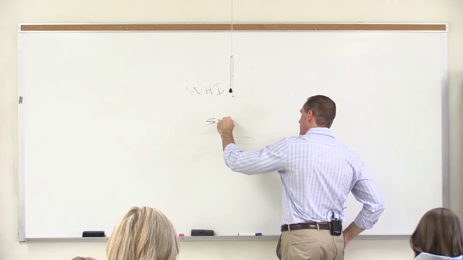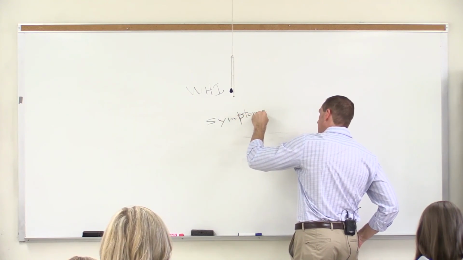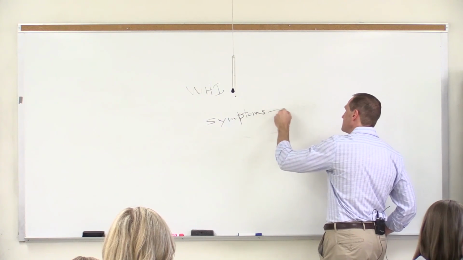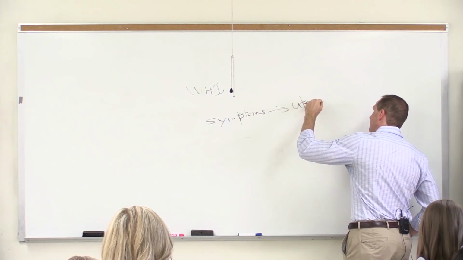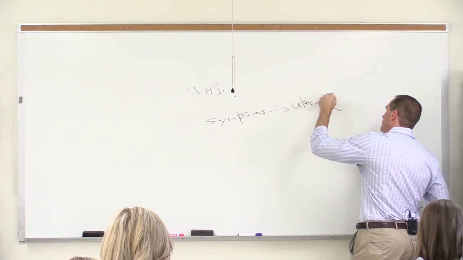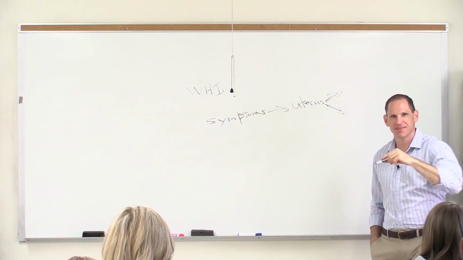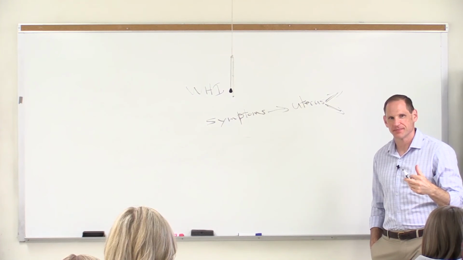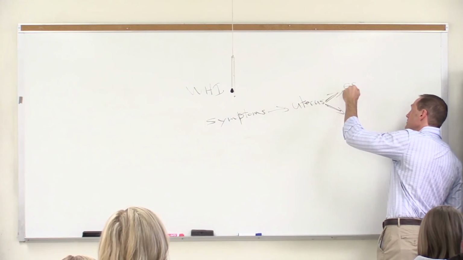First of all, is the woman having symptoms? And if the answer is yes, she can have therapy. So then the next question is, is there a uterus? And if there's a uterus, what do we need to do? What? I said remove it too. Remove it? What? Well, you're going to give them estrogen in both cases.